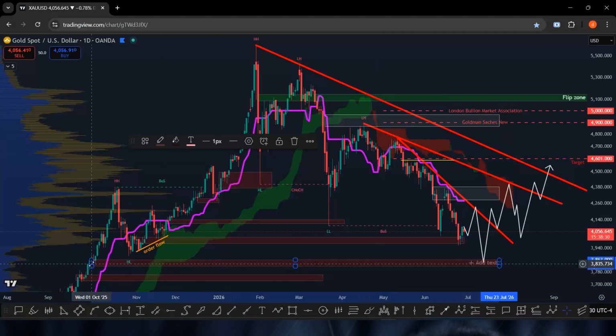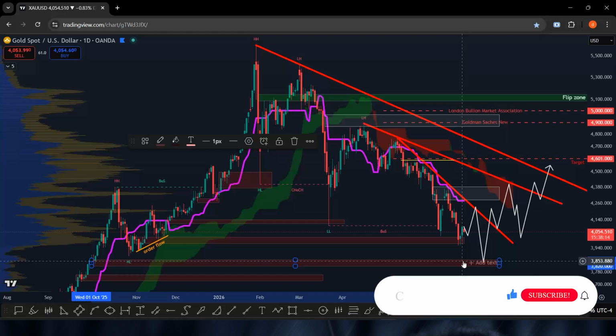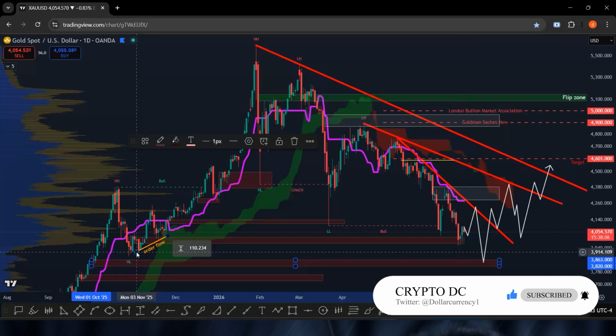The next solid base for us is around $3,820 to $3,863. So probably we will see price forming some kind of base around this order block in the midterm future.